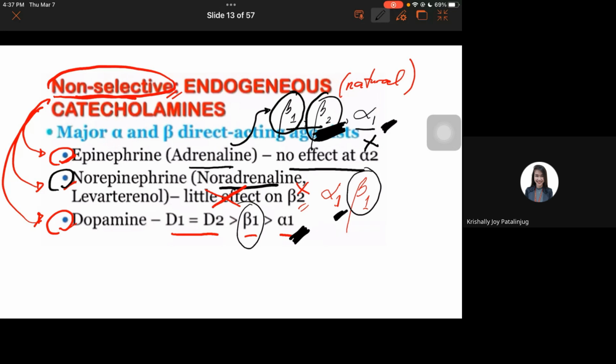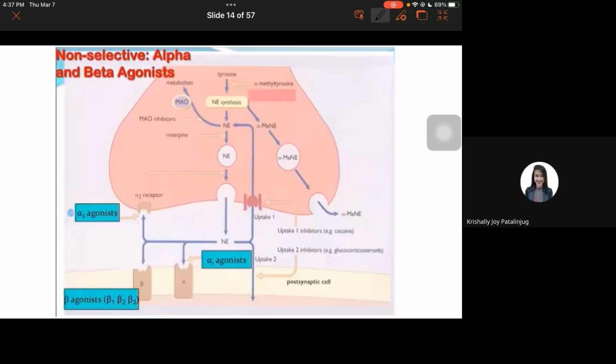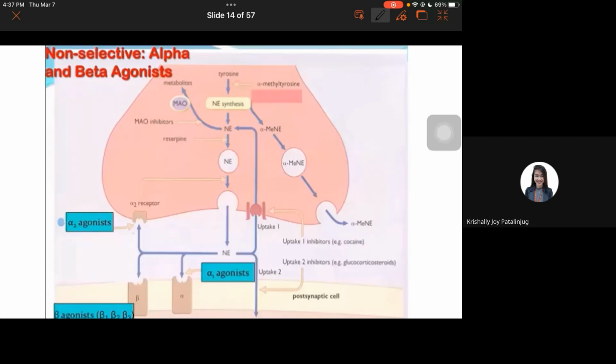So they are somehow vasoconstrictors ng mga gamot. So we have actually a separate segment na i-discuss no yung clinical relevance ng mga natural catecholamines. Okay? Sige.